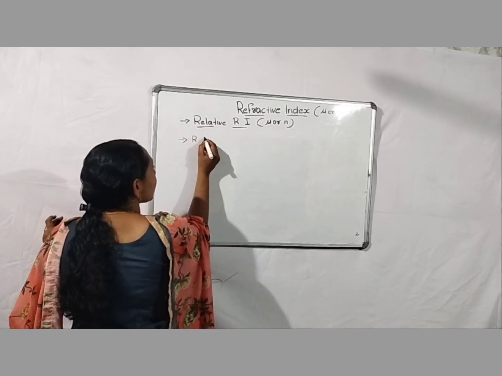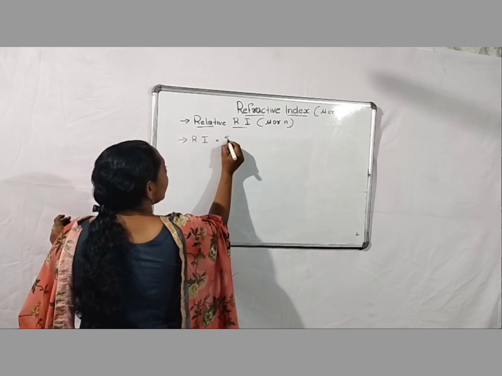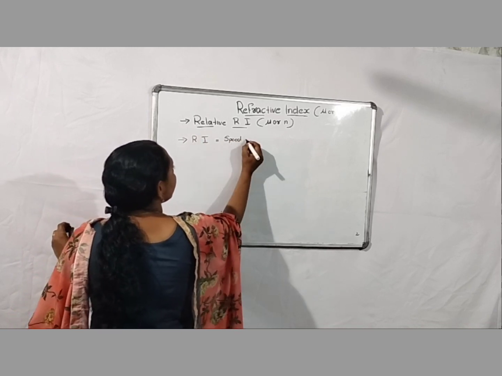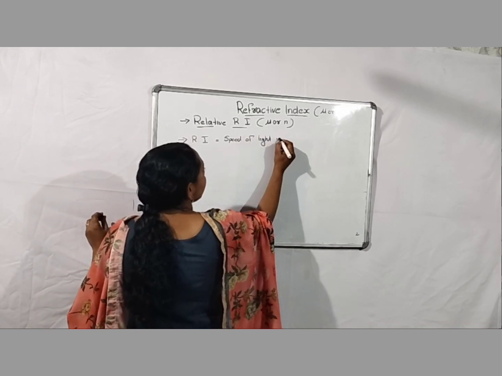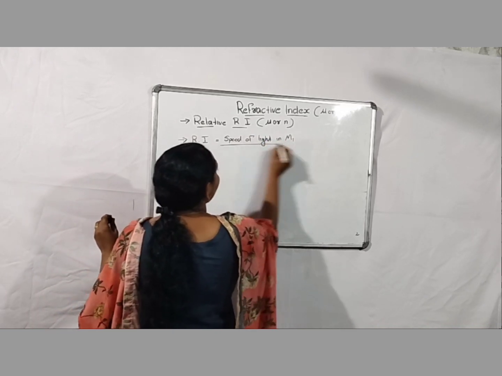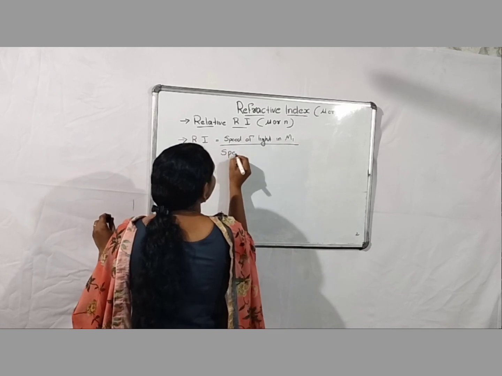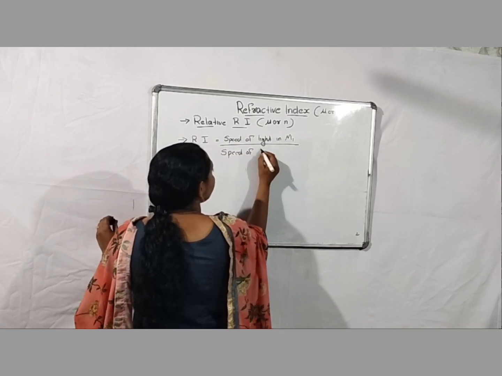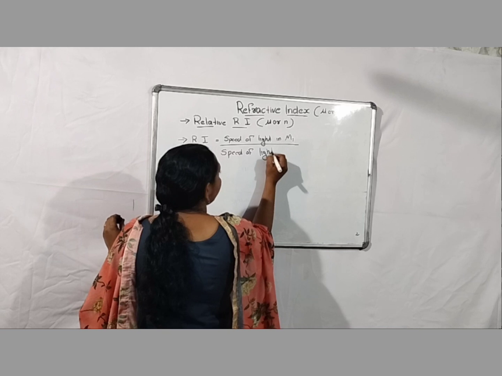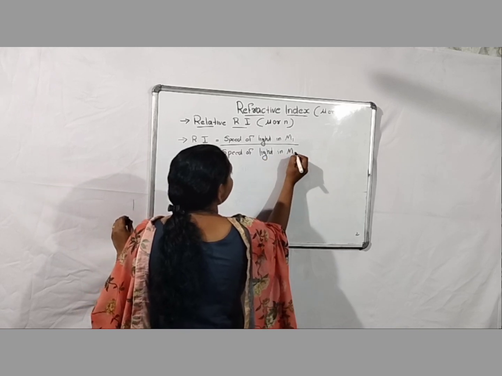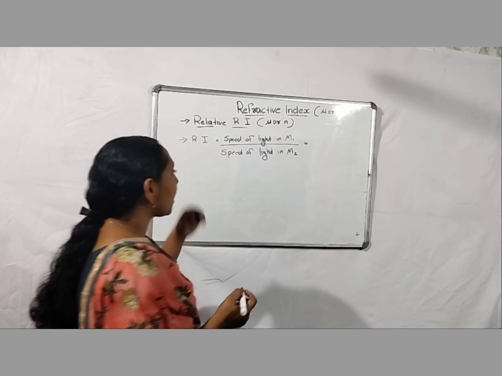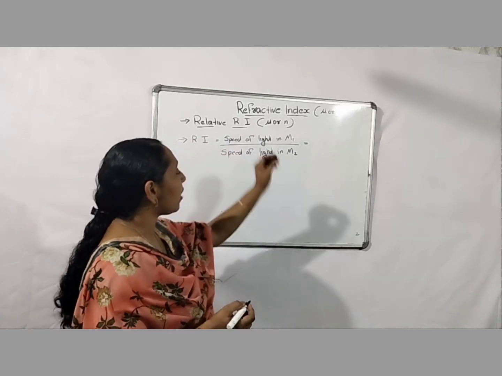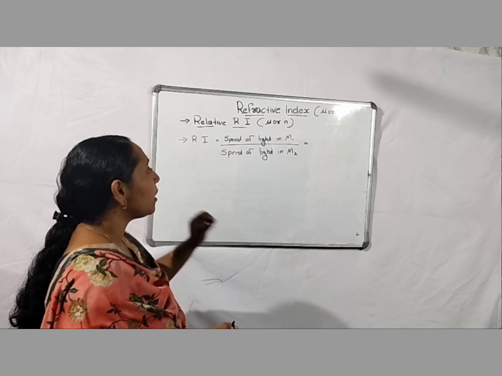Relative refractive index is equal to speed of light in medium 1 divided by speed of light in medium 2. That means we can rewrite this one: speed of light in medium 1 divided by speed of light in medium 2.